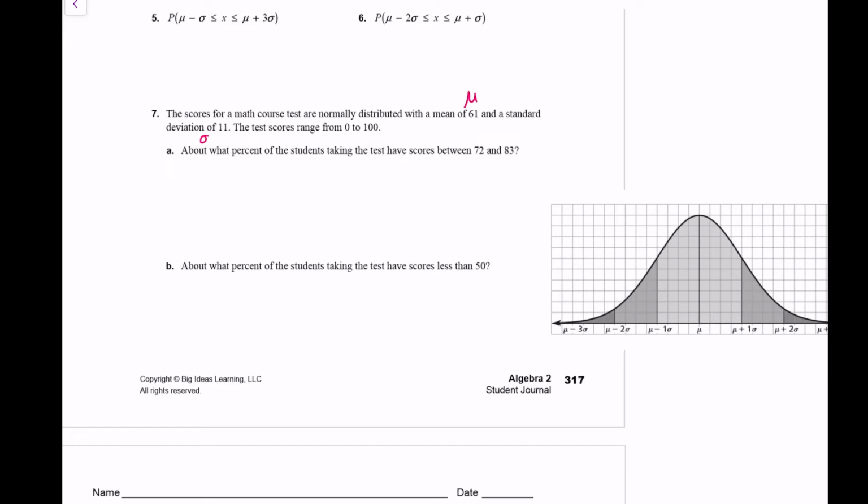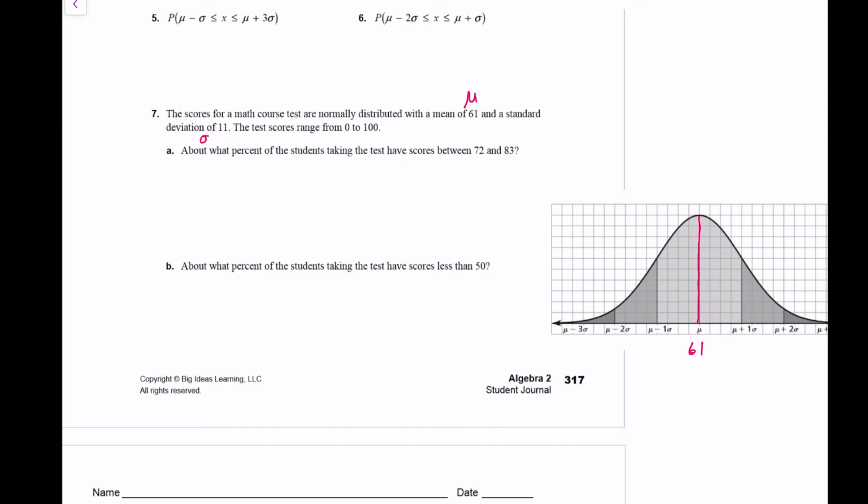I would recommend on your homework to draw something like this so that we could take our data and split it up accordingly. So the average or the mean is 61, so I'm going to put that right underneath mu, right there in the middle of our normal curve. Then we have a standard deviation of 11. So what that tells me is that if I go 1 standard deviation plus 1 to the right and minus 1 to the left, I'm going to add 11 to my mean.